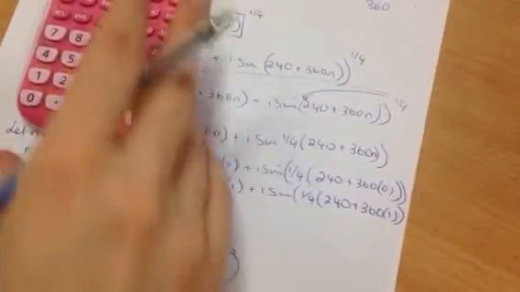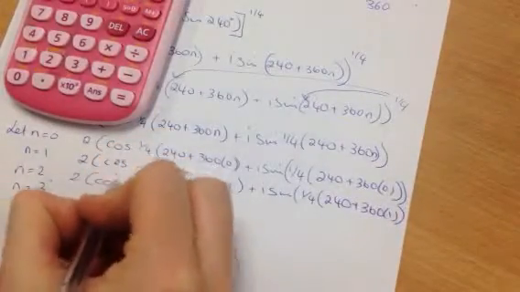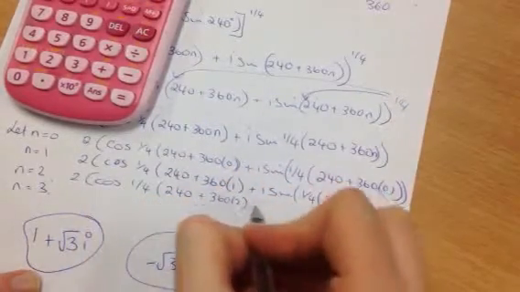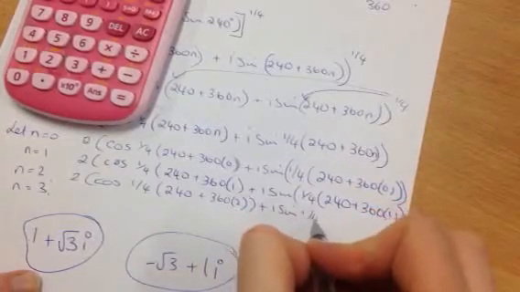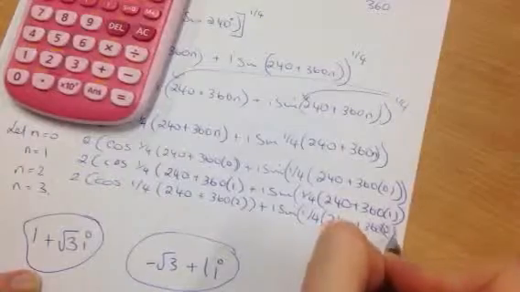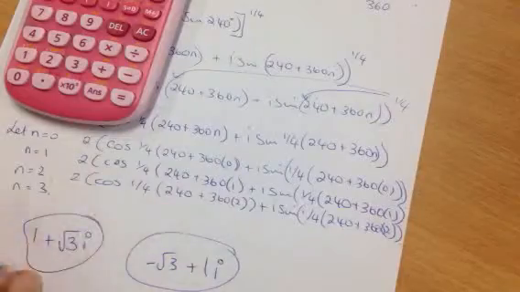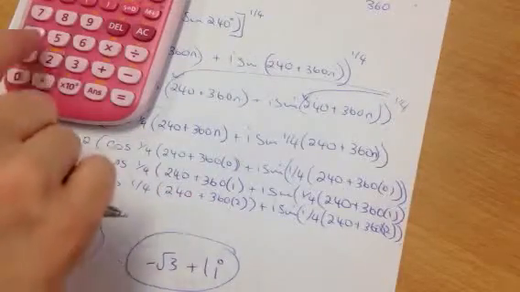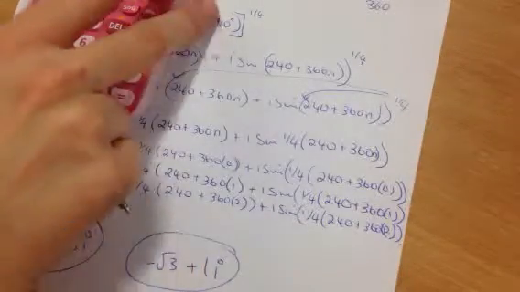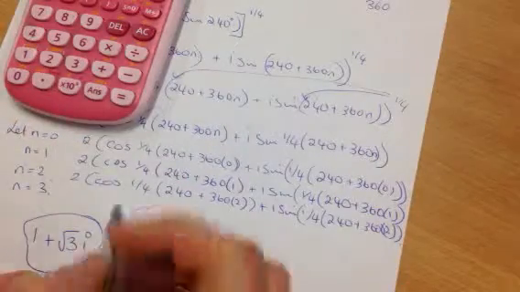So I'm going to go for n equal to 2. 240 plus 720 is 960. 960 multiplied by a quarter is 240.